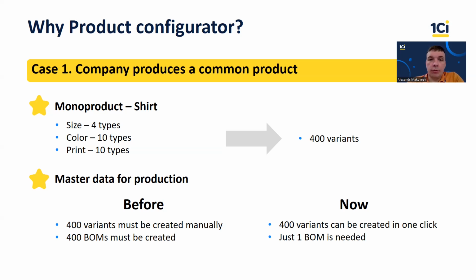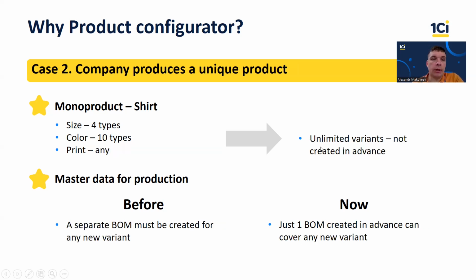Case number 2 is pretty similar to case number 1, but it's a unique product. When we produce the shirt, we don't know the print yet. The print comes from our customer, and it gives us a unique product, a unique combination of additional attributes.